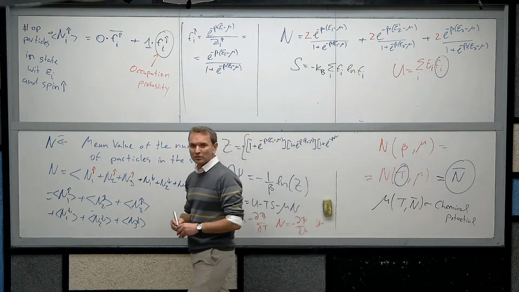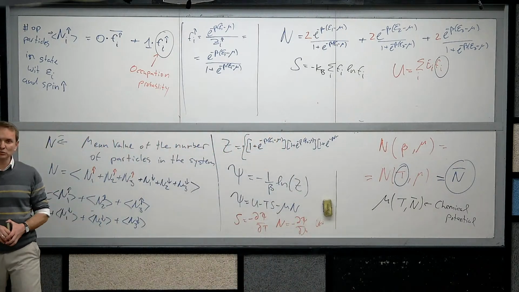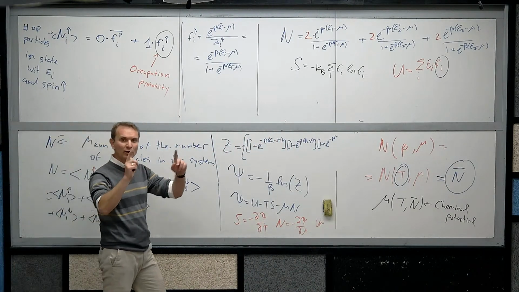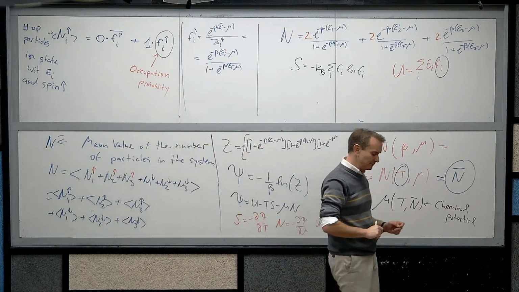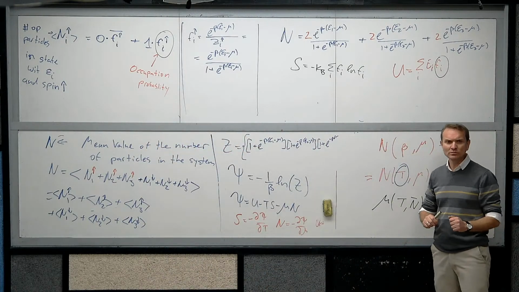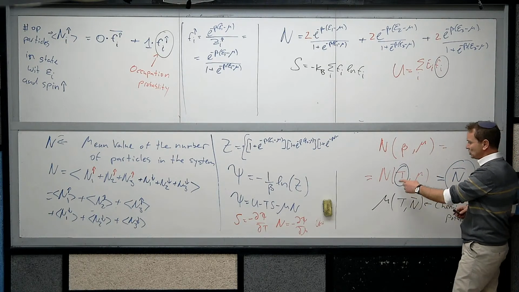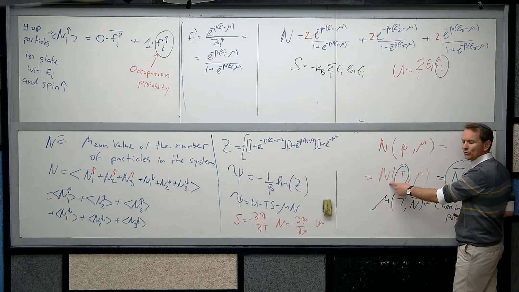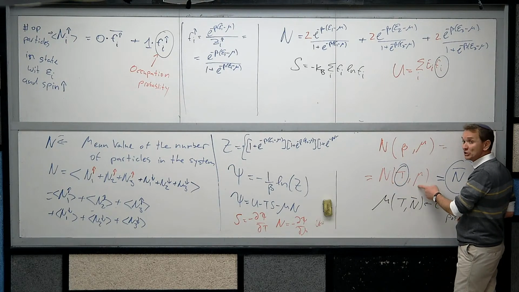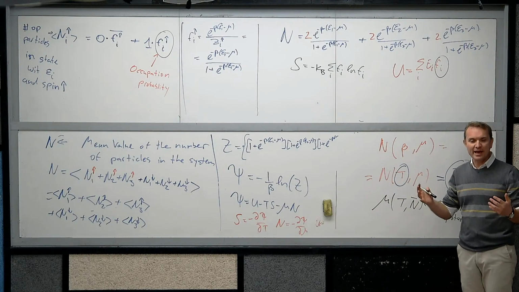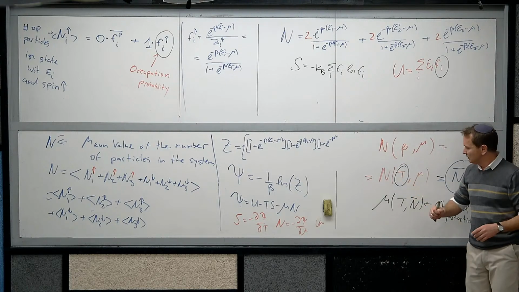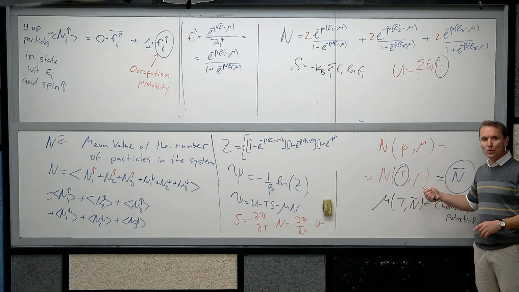Now, we started with the description when I had two parameters. Remember how I developed the grand canonical ensemble? I developed an equation which relates the average number of particles to temperature and chemical potential. And then I stand on my head and say, forget about this, because I don't know how to control the chemical potential of the system.